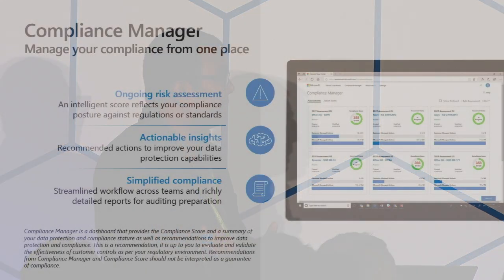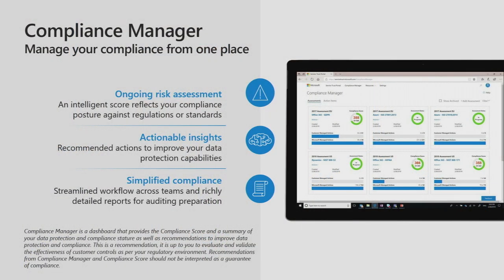If we can do it for security, we can do it for compliance as well. So we came up with Compliance Score, and Compliance Manager is where you can see all the controls that exist for your organization. You can see the compliance score, which basically ties in with the amount of risk that you're offsetting by enabling a certain control. So Compliance Manager is built on the same principles as Secure Score.